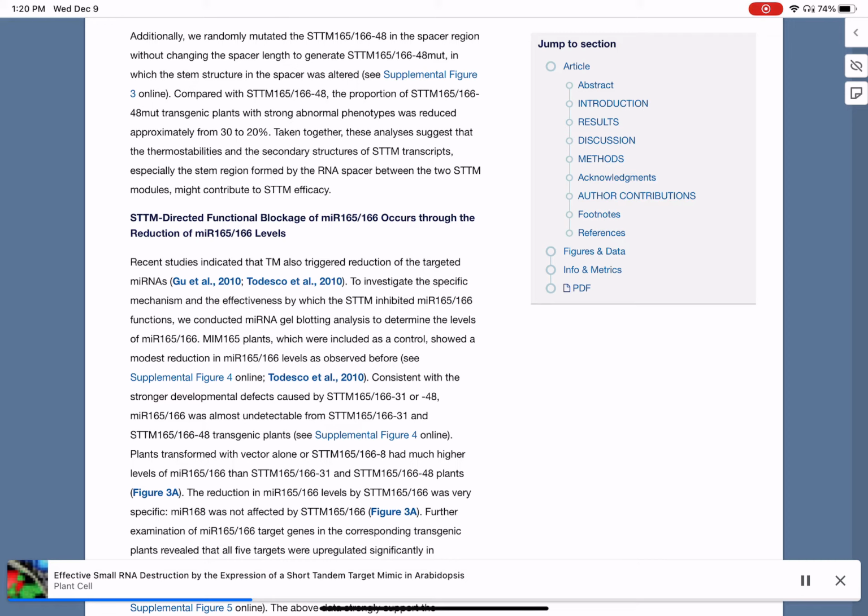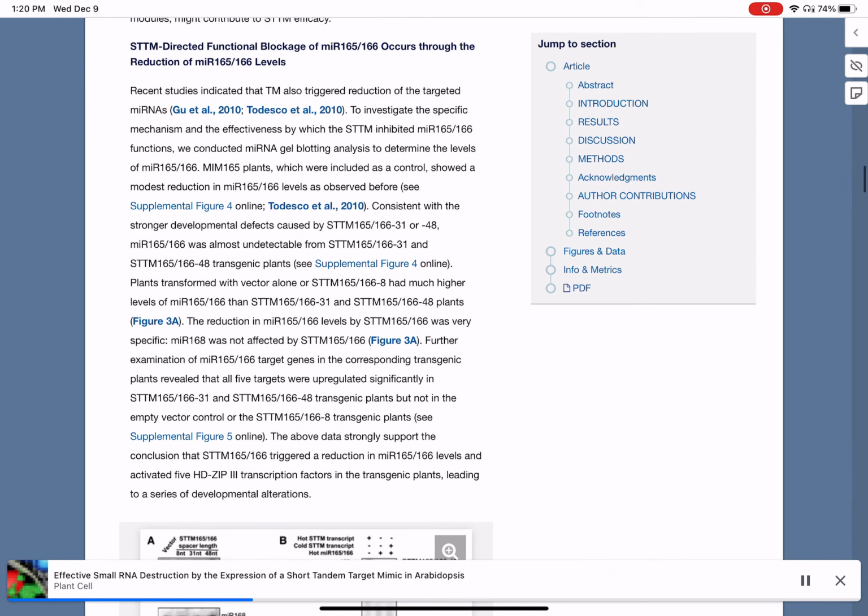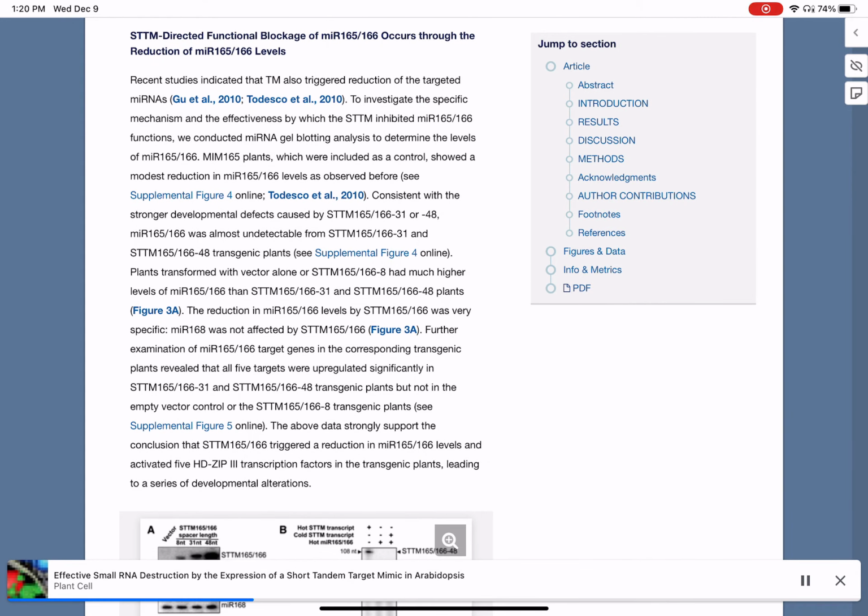STTM-directed functional blockage of miR-165-166 occurs through the reduction of miR-165-166 levels. Recent studies indicated that TM also triggered reduction of the targeted mRNAs (Gu et al., 2010; Tedesco et al., 2010).